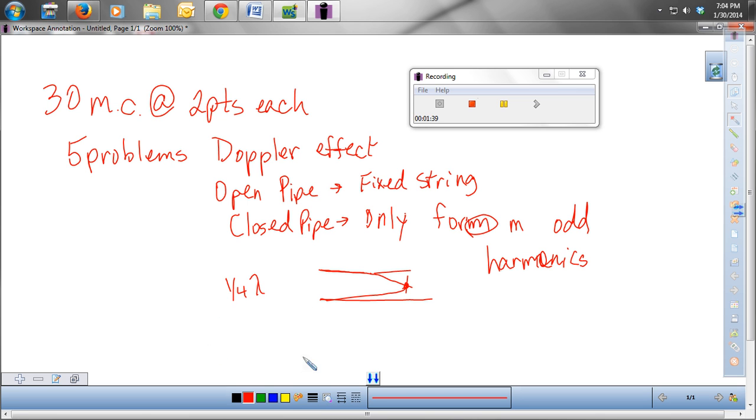You can go back and look at your notes if you're not real clear about what she's talking about. The equation for this one is F is equal to nv over 2L, where n is the harmonic number. And then for the pipe that is closed at one end, it's F is equal to nv over 4L, and n is still the harmonic number.